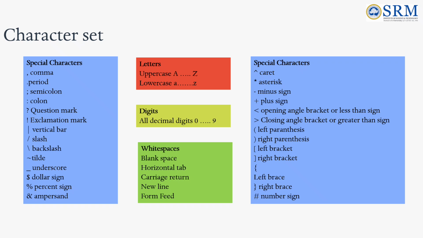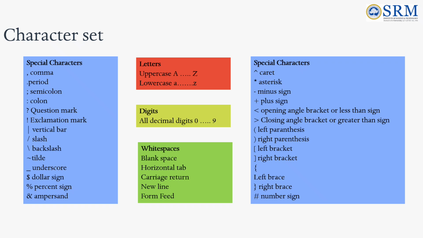Here are the C character sets, which include letters, digits, white spaces, and special characters. Letters include A to Z, uppercase letters as well as lowercase letters. Digits include numbers from 0 to 9.